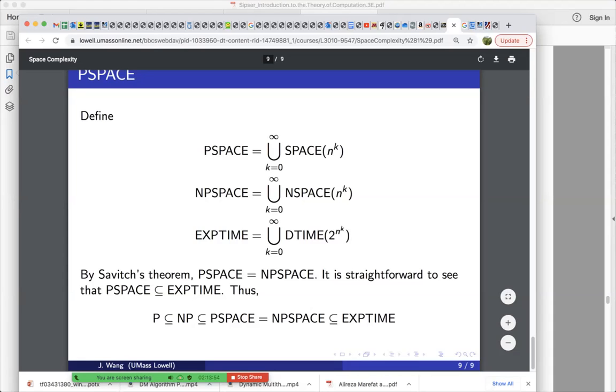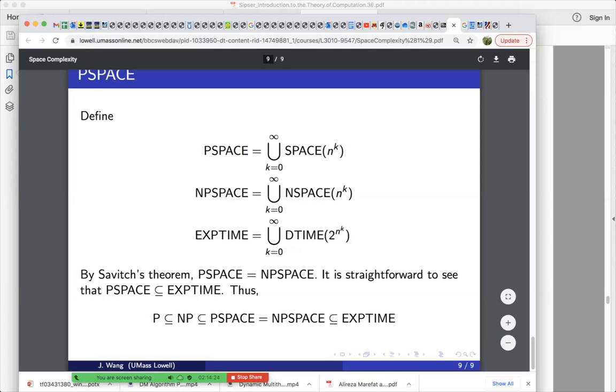From the space complexity point of view, we know that PSPACE is equal to NPSPACE, because NSPACE of n to the k is included in SPACE of n to the 2k, so that is included in PSPACE.